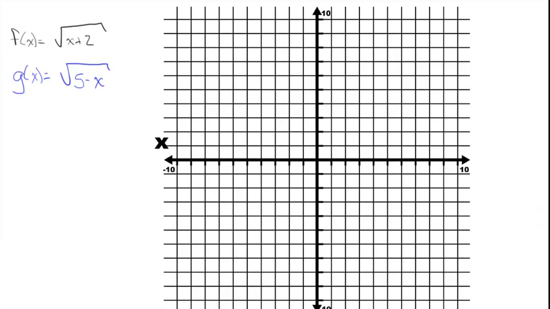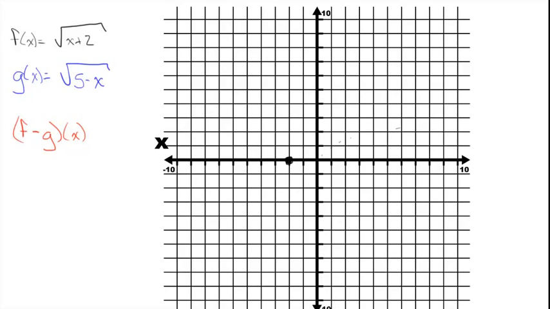Okay, here's two more functions, and this time we're going to graph f minus g at x. So they're both square root functions, so you need to know the base square root function, right? Something like that. So x plus 2 is a base square root function shifted over 2.